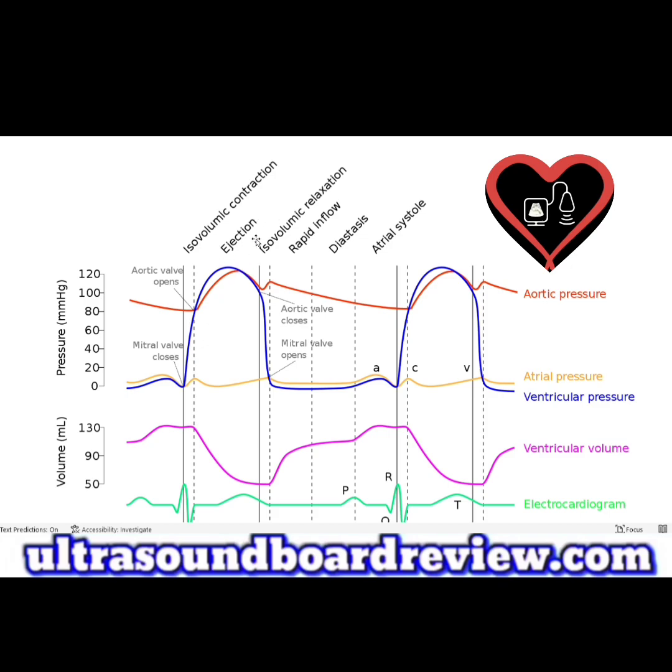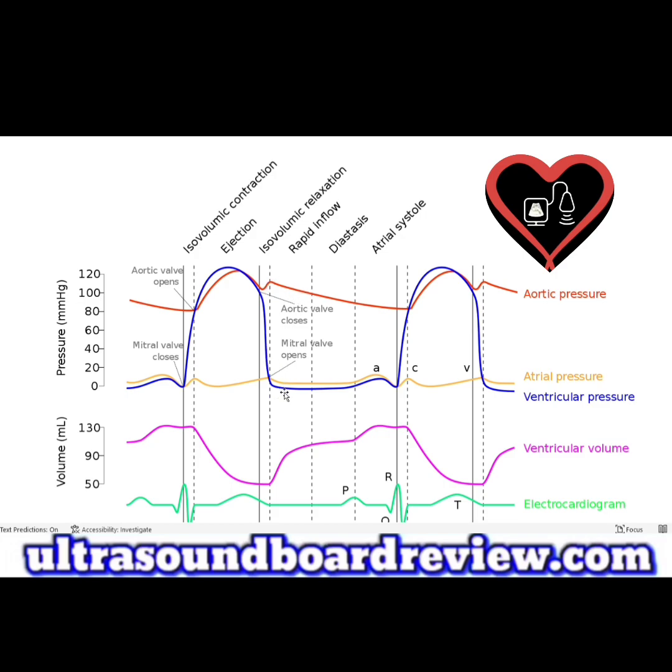Your ejection time will start when your aortic valve and your pulmonic valve open. They could ask you, what will start isovolumic relaxation time? When the aortic valve and the pulmonic valve close, that will start IVRT. What ends IVRT? When your AV valve is open, this will end IVRT.